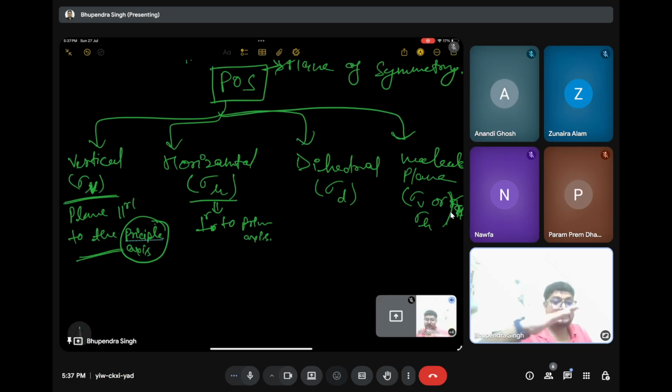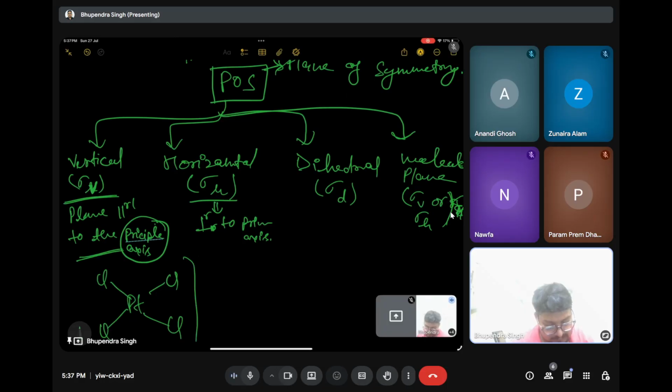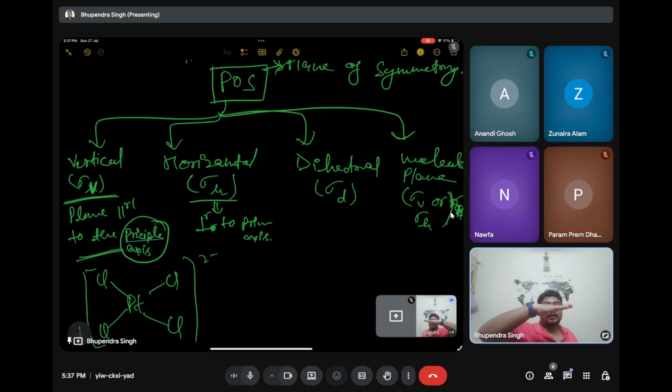Let's say for the PtCl4 2- case, a planar molecule, this is your C4 axis. The vertical plane will be parallel to the principal axis.